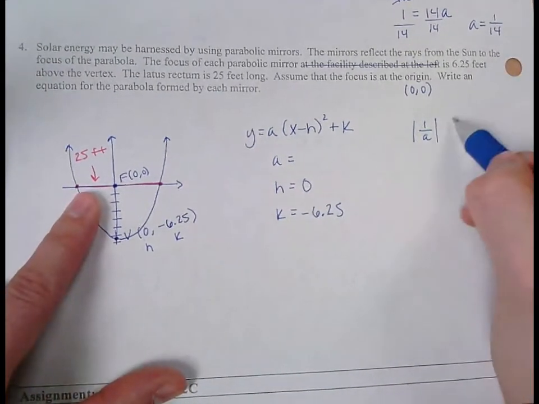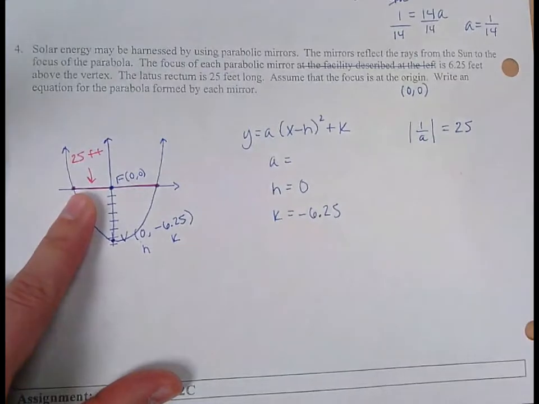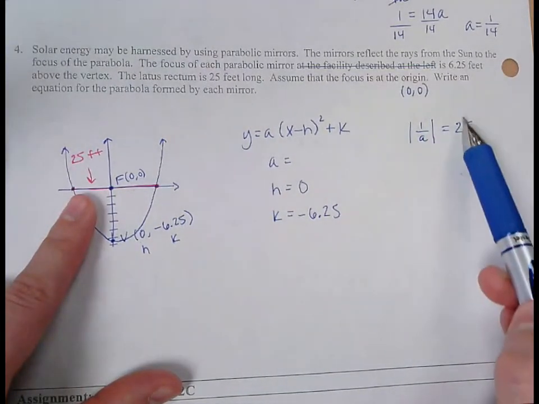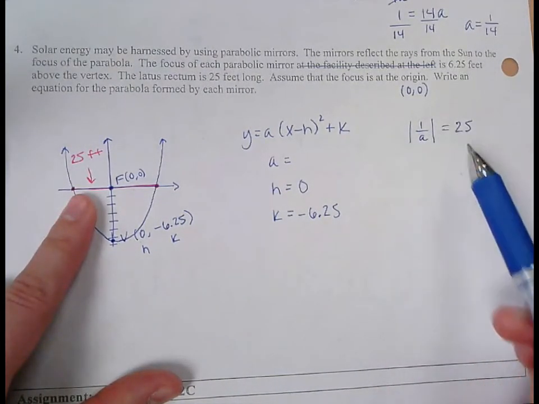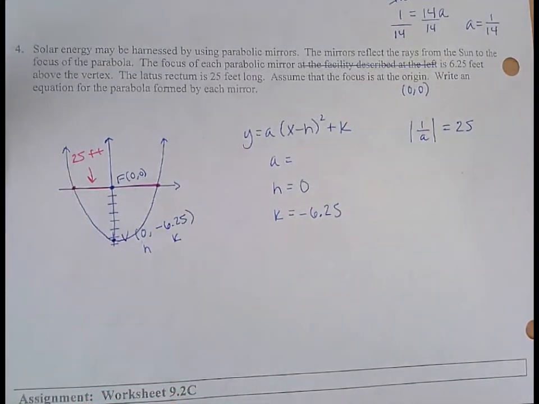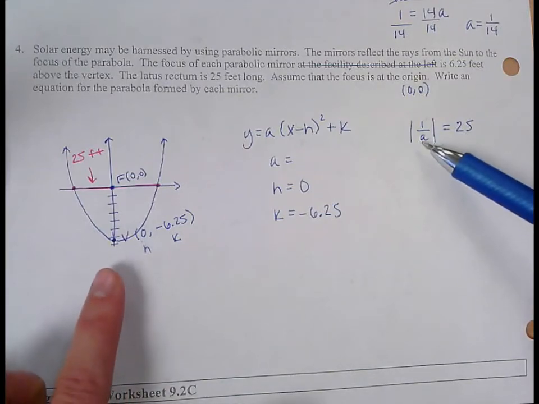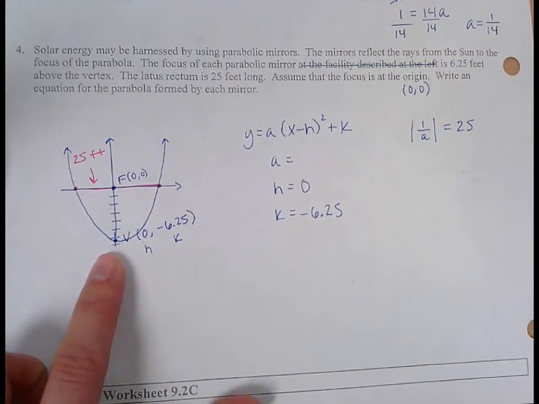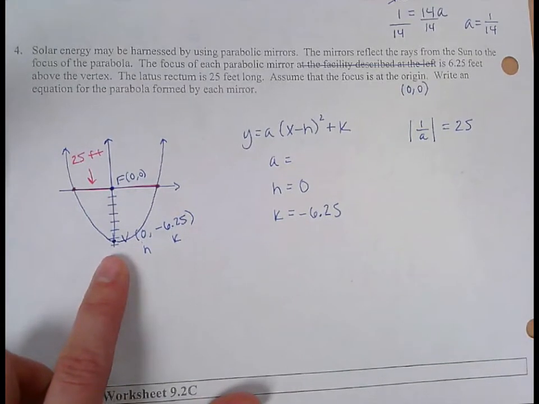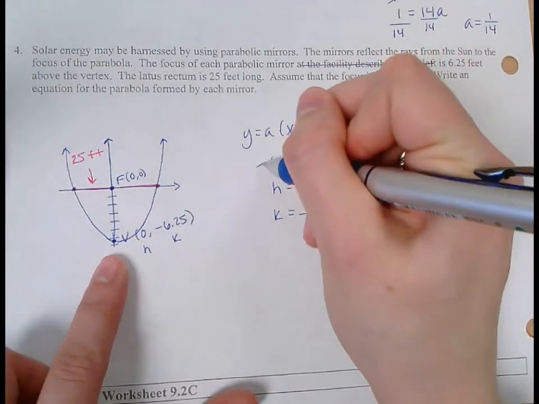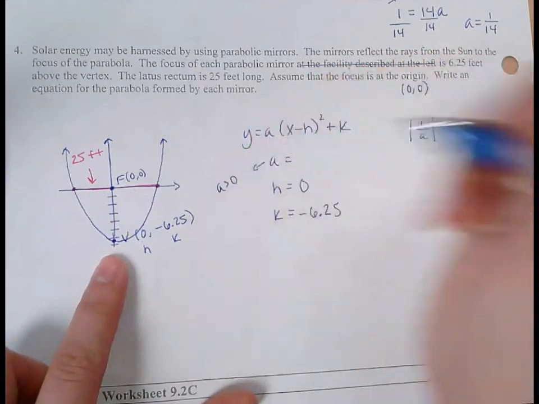And we know that length is 25. So we can set up an equation given the latus rectum length formula that we have. Now, for the absolute value part of this, because the parabola opens up, is the a value going to be positive or negative? Positive. So I'm just going to make a note here, a is greater than 0.